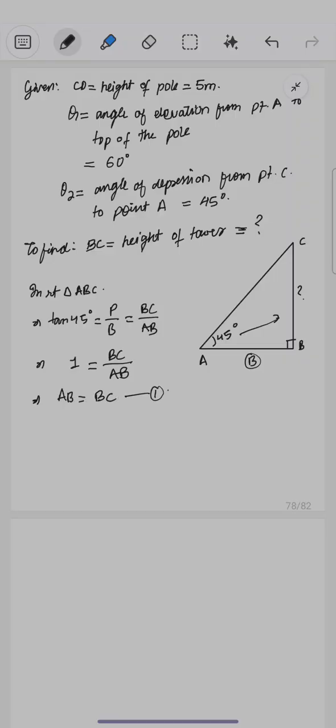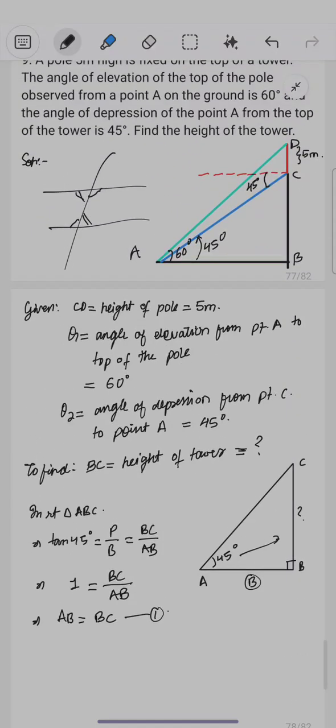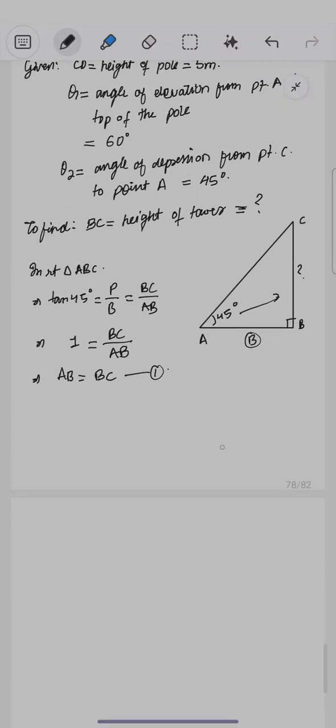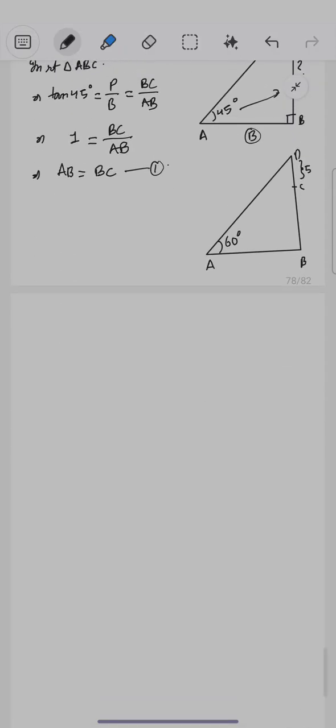This is your equation number 1. Again, in triangle ABD, the height is BC plus 5 meters and the angle is 60 degrees.